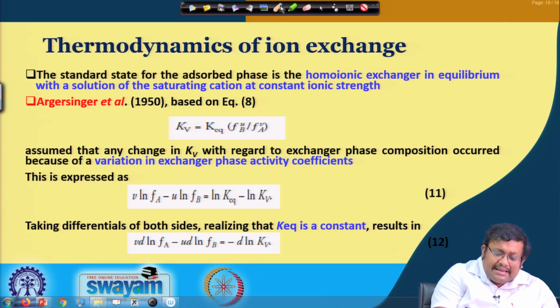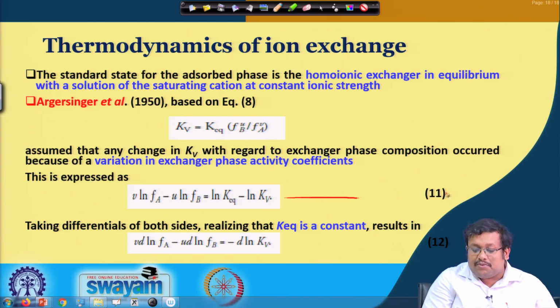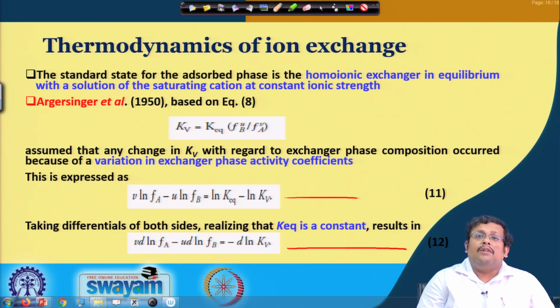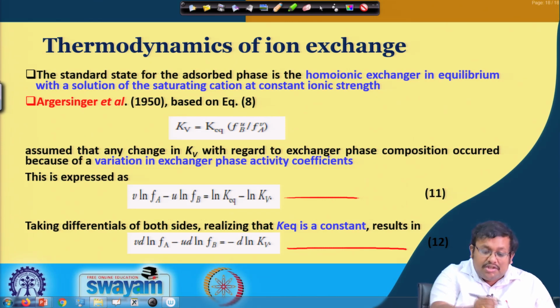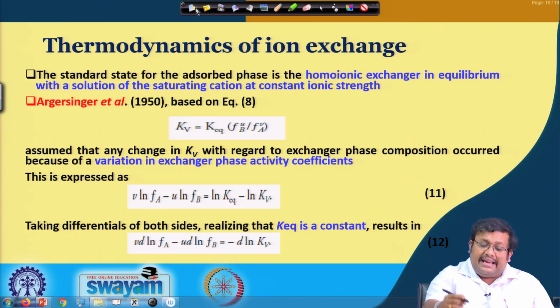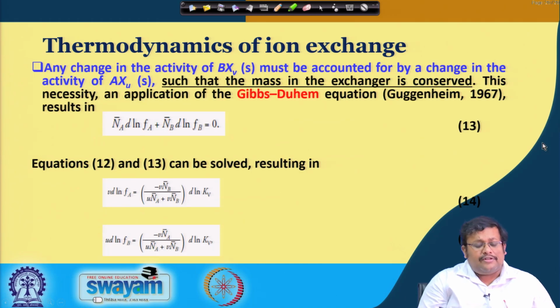So, if we simplify this equation by taking the log, we will basically get the form of equation 11. Now, after taking this log, if we take the differential, this will again take the form of equation 12. So, by taking this Vanselow coefficient, taking the log, and simplifying, we are getting these two different equations.